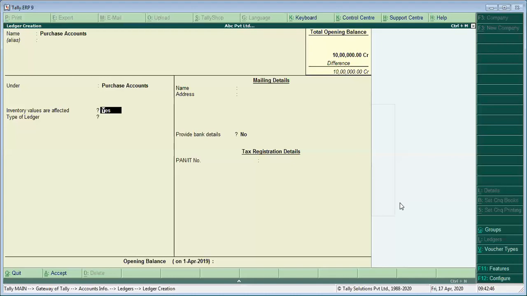Okay, and types of ledger not applicable. Provide bank details if at all you need to give. You can also give certain information. Fine. So you need to give certain amount here. Type the values as around a purchase maybe 2 lakhs. Okay.